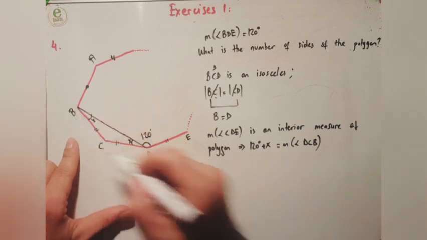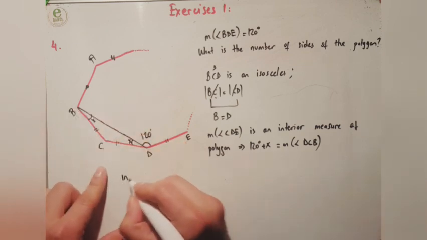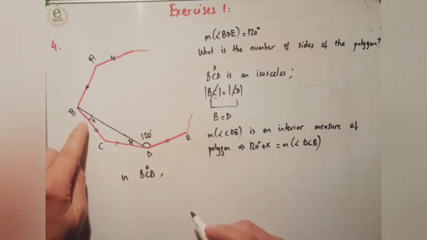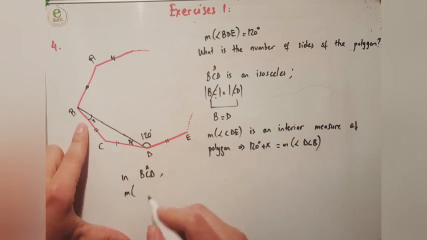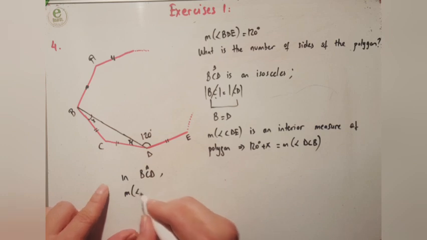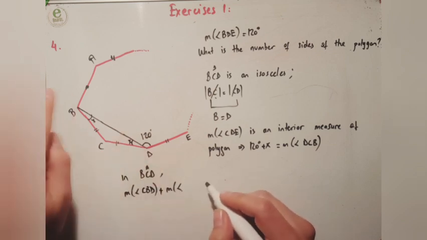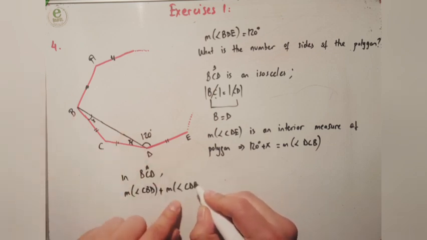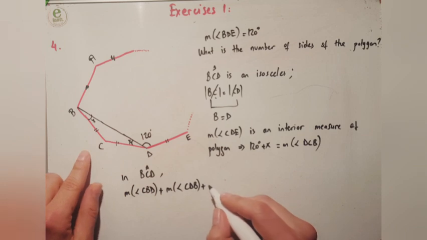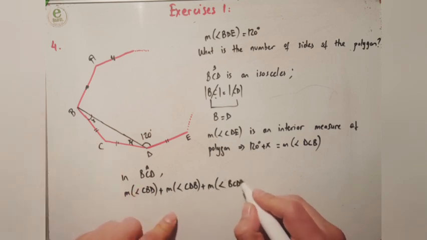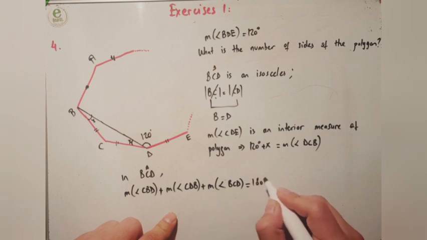So in triangle BCD, the measure of angle CBD plus the measure of angle CDB plus the measure of angle BCD is equal to 180 degrees.